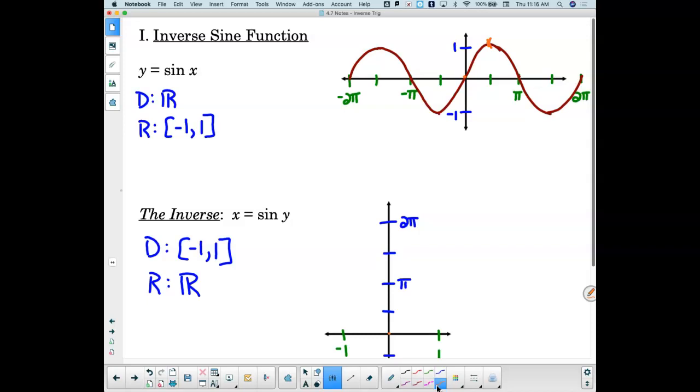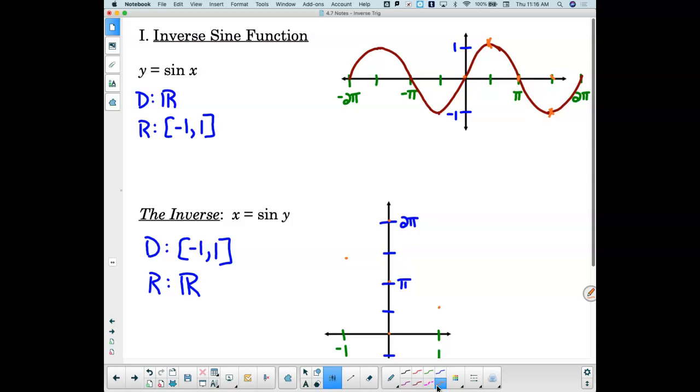The inverse point would be at 1 comma pi over 2. Next one, pi comma 0 becomes 0 comma pi. 3 pi over 2 comma negative 1 becomes negative 1 comma 3 pi over 2. 2 pi comma 0 becomes 0 comma 2 pi.